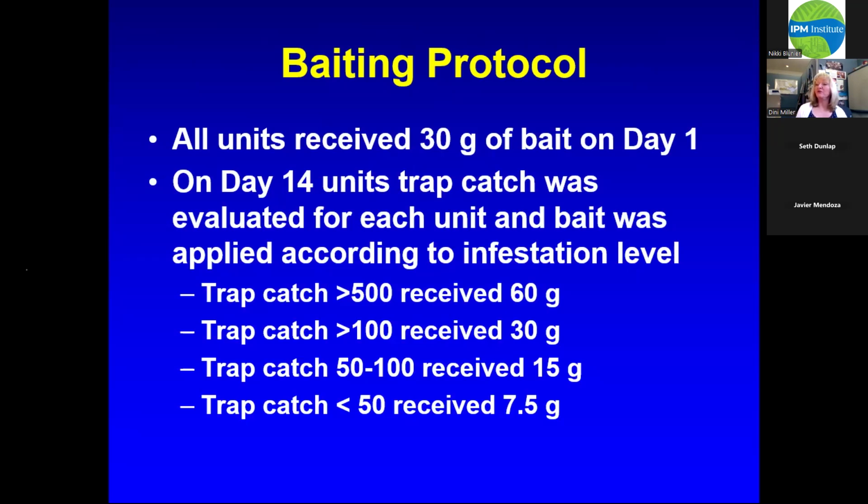And this time, if our trap catch was less than 50 in all 3 traps, they only got a quarter of a tube of bait. If it was 51 to 100, they got half a tube. If it was 101 to 500, they got a whole tube. And if the trap catch was more than 500 in all 3 traps, that let us know the place was marvelously infested, and they got 2 tubes of bait.